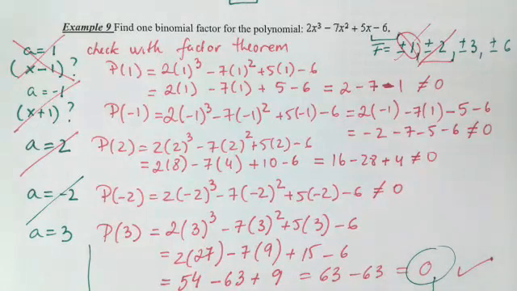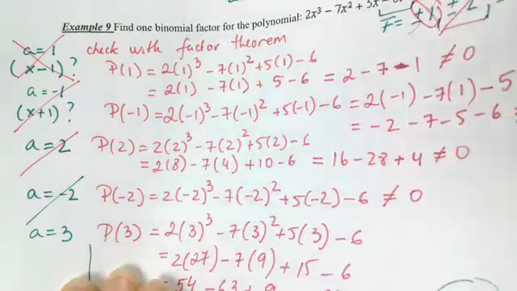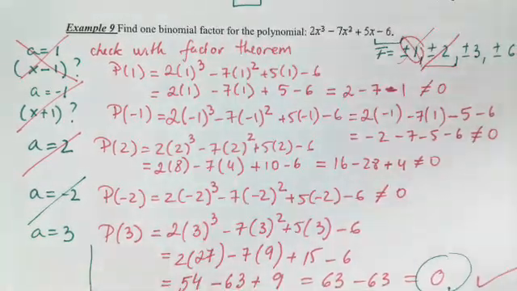Example 9, I only did find one factor, so one binomial factor, so you can see how you find that first one. Example 10 will be something different. It says factor the polynomials below completely. That means we don't stop, right? We keep finding all the factors.